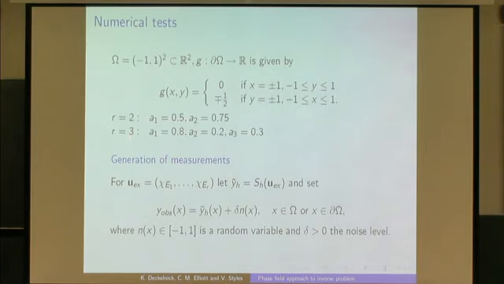The tests were set up in such a way that we took an exact partition, and then we calculated for this exact partition a discrete solution. This is denoted by y_h tilde, and then we generated the observations by perturbing this discrete solution via random noise. And then the question is, what does the algorithm do with these data? And this is what we got.